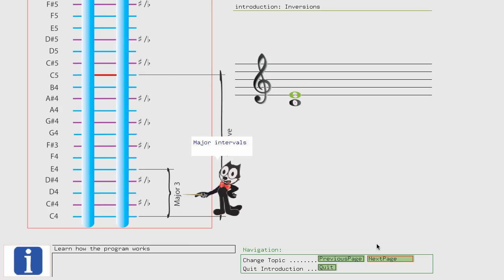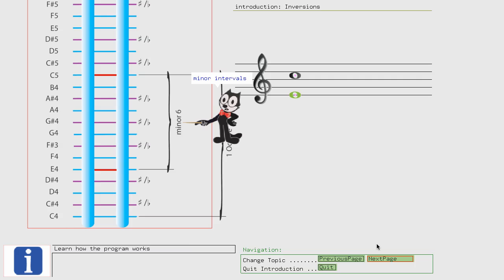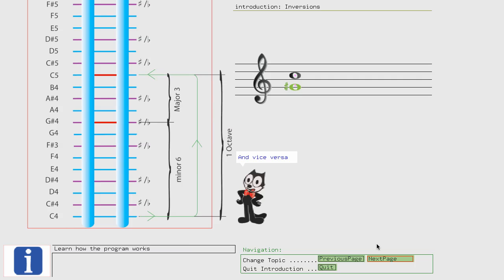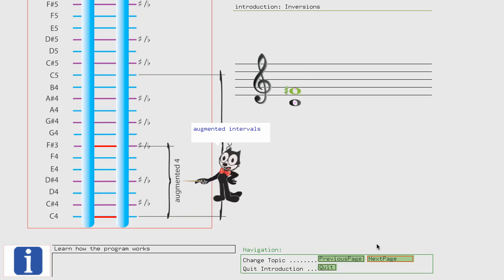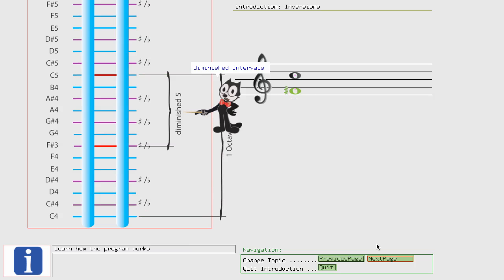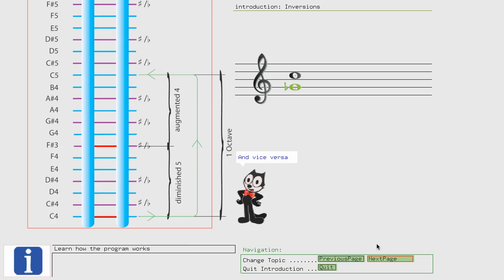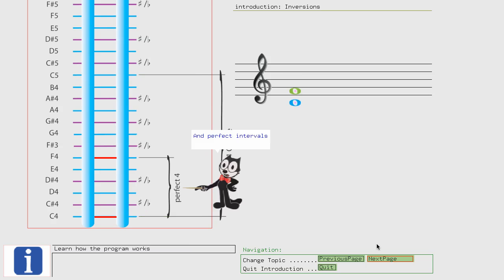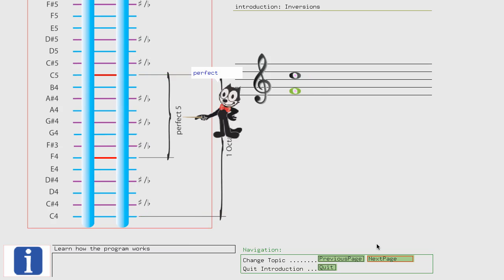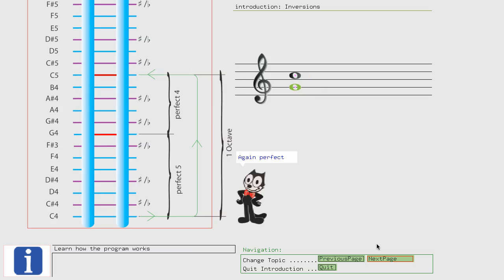Major intervals become minor intervals, and vice versa. Augmented intervals become diminished intervals, and vice versa. And perfect intervals will stay perfect.